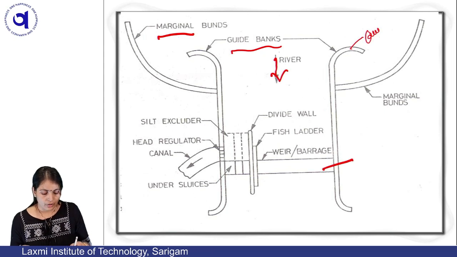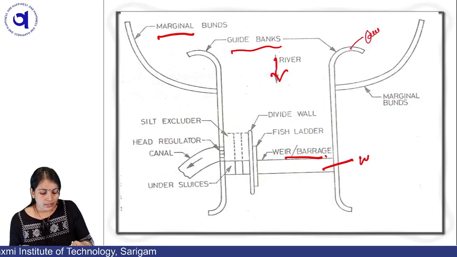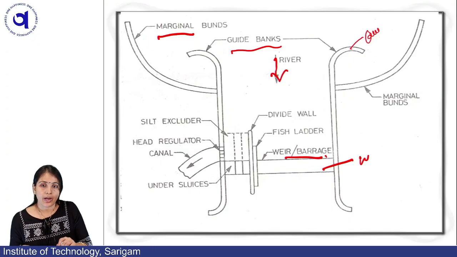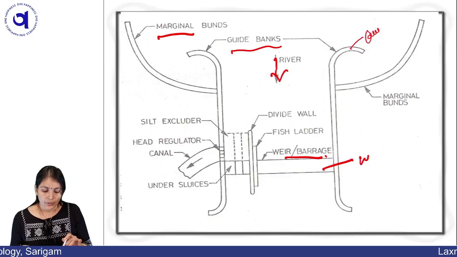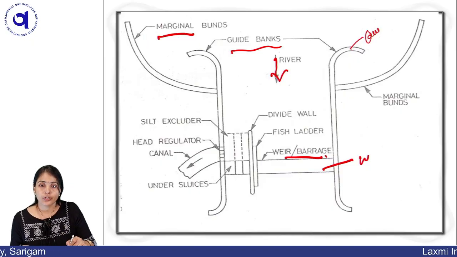This is actually the weir or barrage over here. So marginal bunds or guide banks are constructed before the construction of the weir or barrage, just to avoid submergence of costly land. And these guide banks are provided to reduce the velocity of the water.